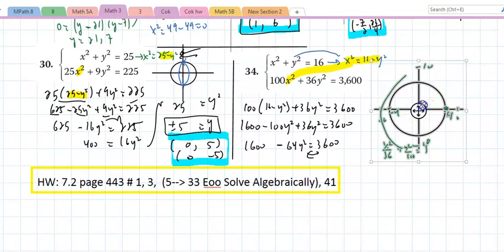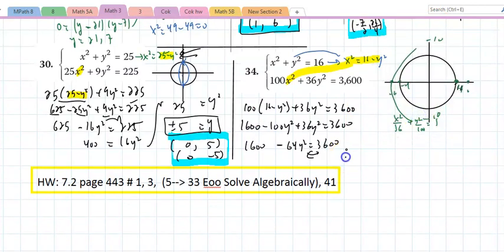That helped me know there's no solution, if I graphed it right, that is. If I actually swap those, I'll get negative 2000 equals 64y squared, or y squared equal negative 2000 divided by 64. That can't happen. So we have no solution.